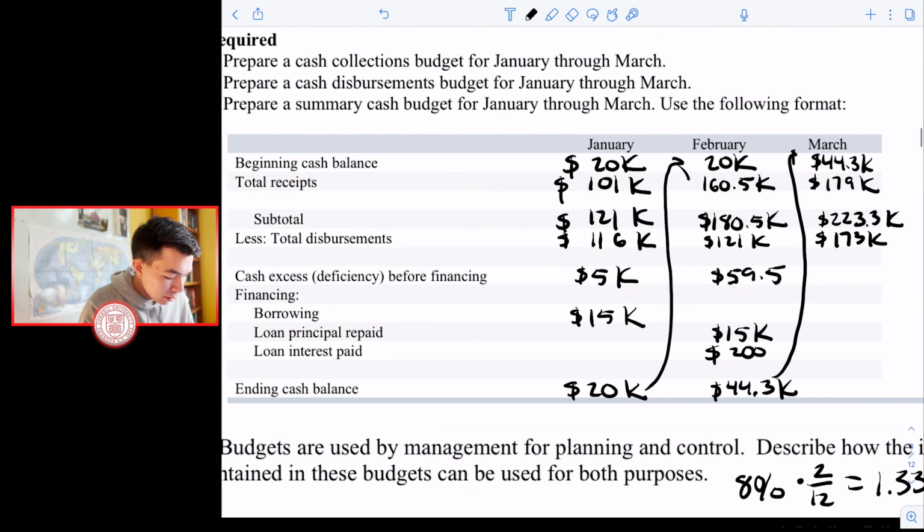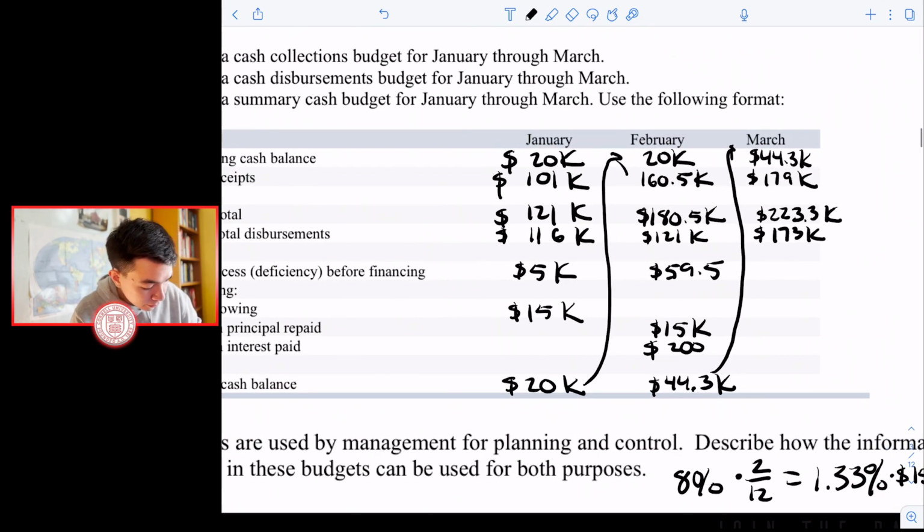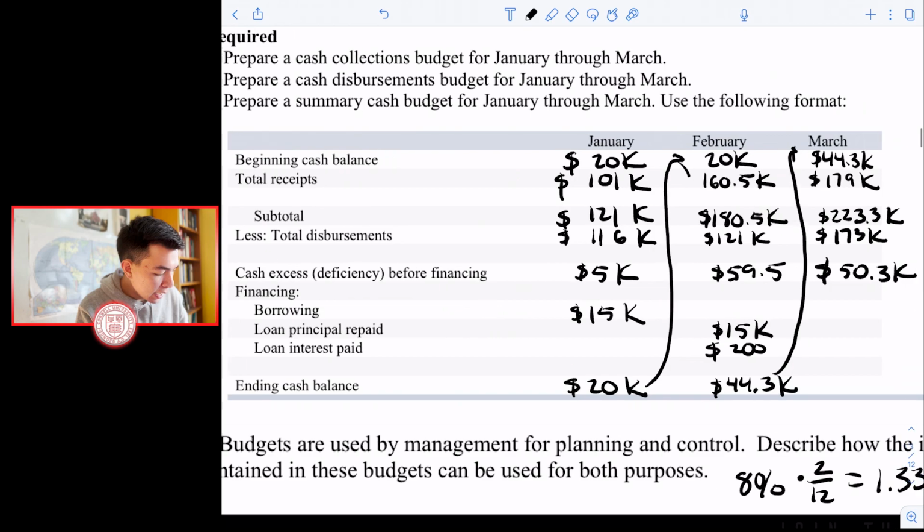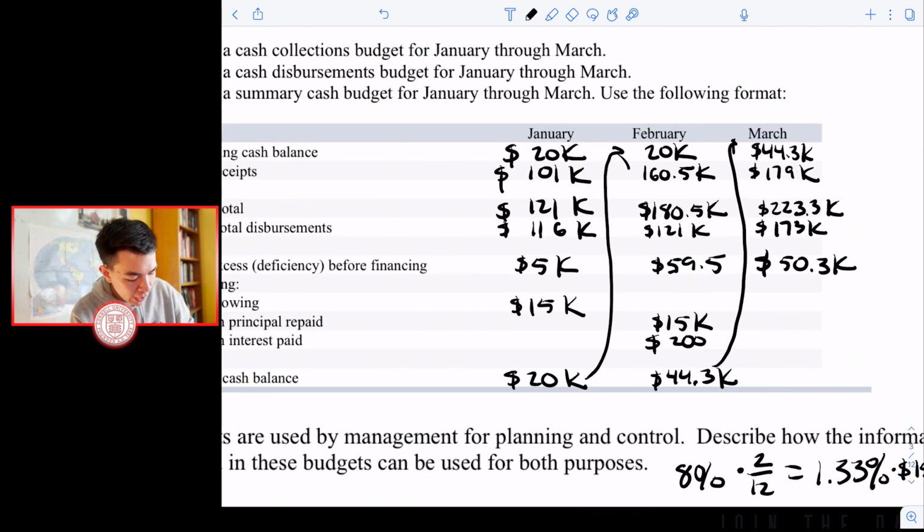And when we subtract that, so minus 173,000, we get $50,300. And we don't need any financing, so our ending cash balance is going to be $50,300. So part C, not too bad.